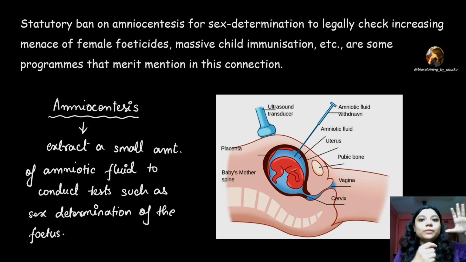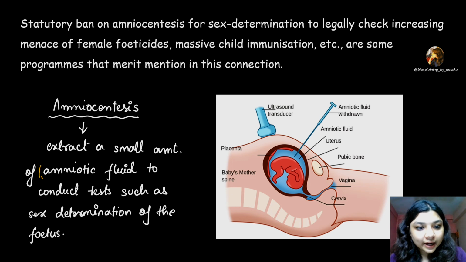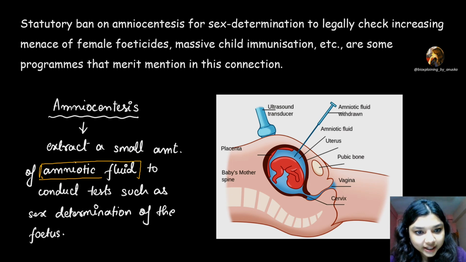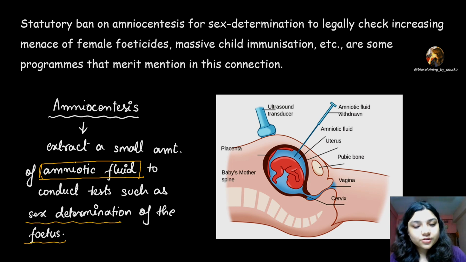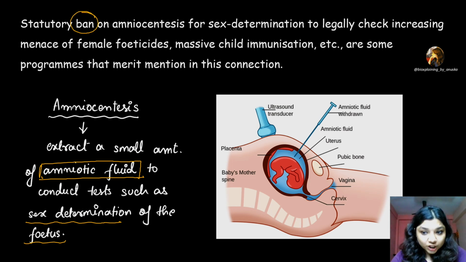Suppose you have a balloon, inside the balloon is full of water, and you have put a small ping pong ball inside the balloon. That ping pong ball inside is your fetus, this balloon is your amnion, and the liquid inside the balloon is your amniotic fluid. If a little of this amniotic fluid is extracted, then you can run different tests such as sex determination of the fetus. So India banned this test, so that no kind of amniocentesis can be performed. So sex determination has become illegal in our country.